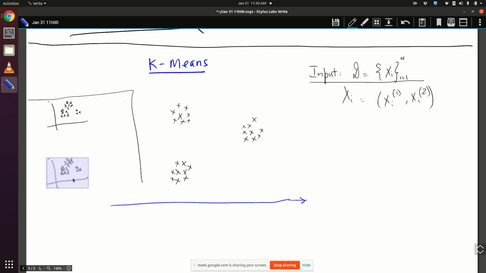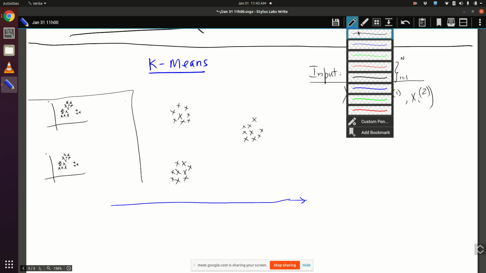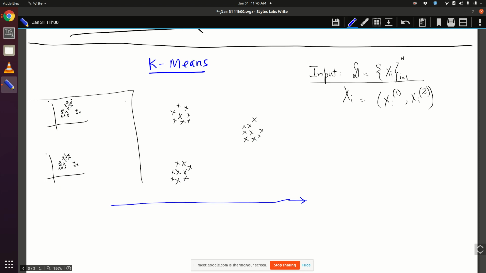We have the same set of points, and let us suppose I cluster them in this way. One group is this, another group is this, and this is the third group. The grouping is what the clustering says; it doesn't tell you much more than that.